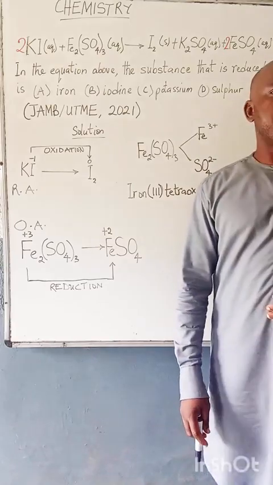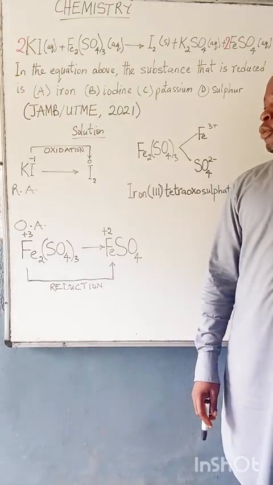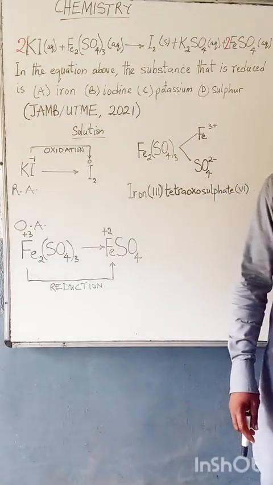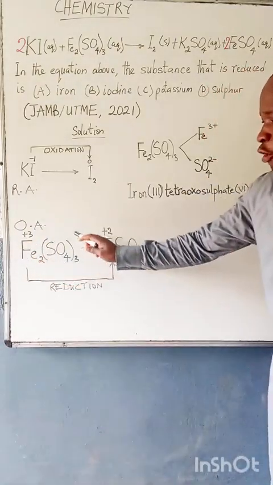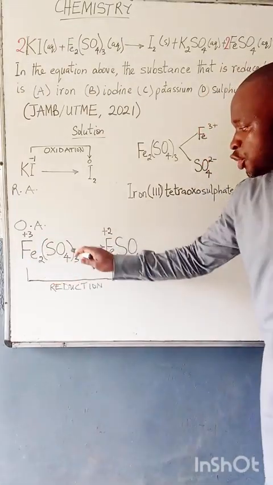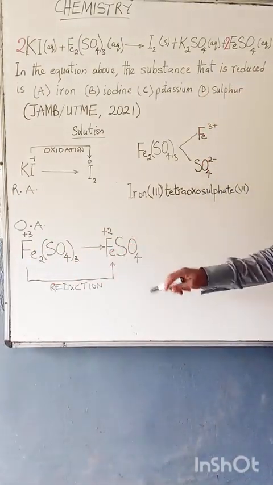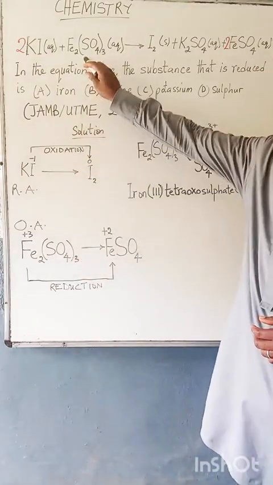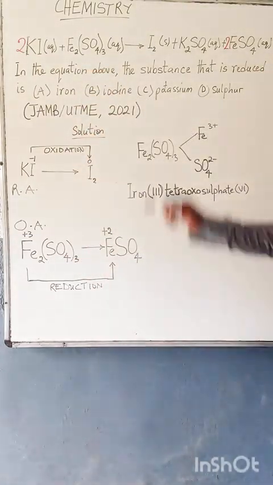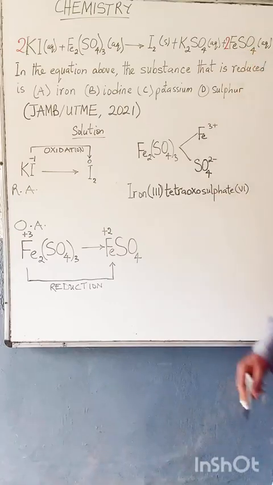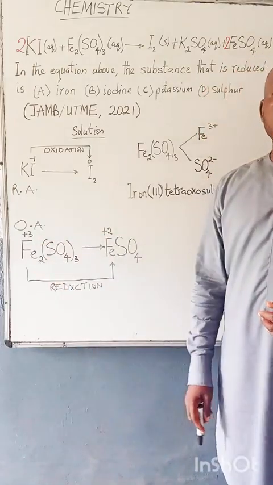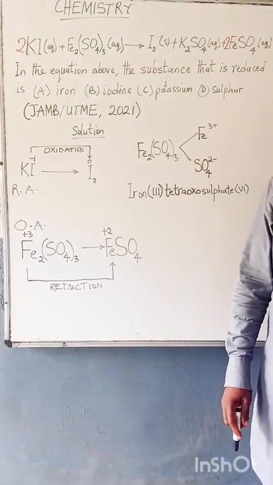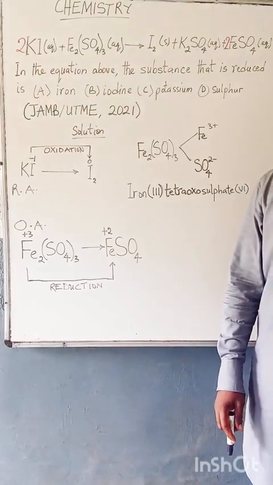What about the next equation, which is the reduction half equation? We are working with this compound here, which is changed to this other compound on the product side. What is the charge of iron here? Do you remember in your junior secondary when you were introduced to IUPAC names of compounds?